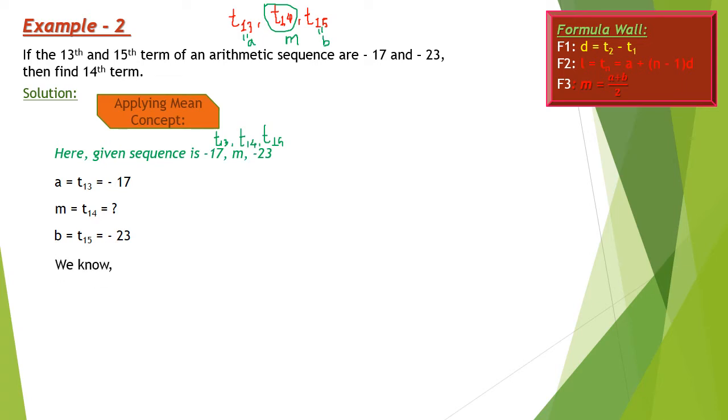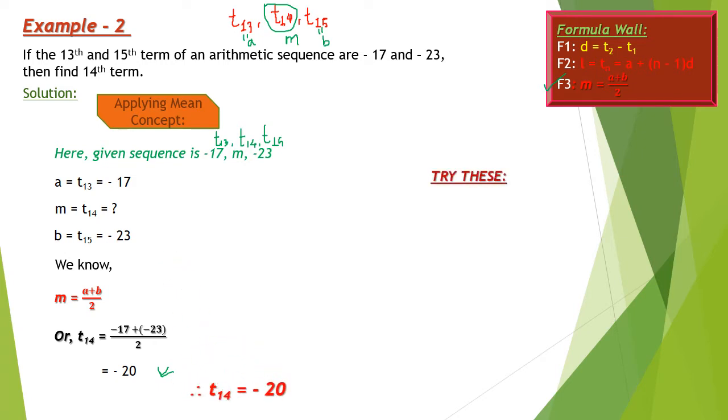Now we know the formula. You can see from formula 1, that is M is equal to (A plus B) by 2, where M is T14, and we can substitute the value of A, that is minus 17 plus in bracket minus 23, by 2. You can see minus 20. The sum total is minus 20. This is our answer. Therefore T14 is equal to minus 20.